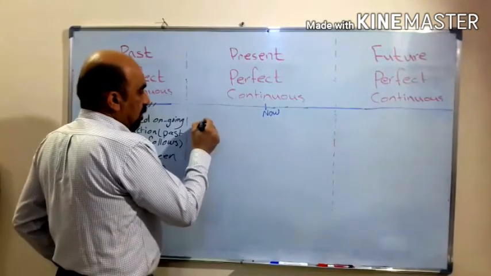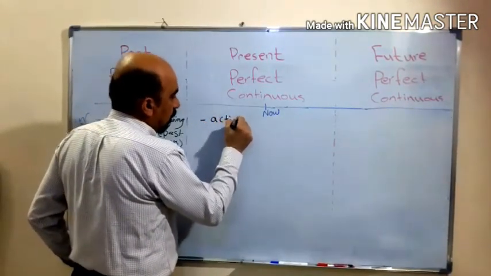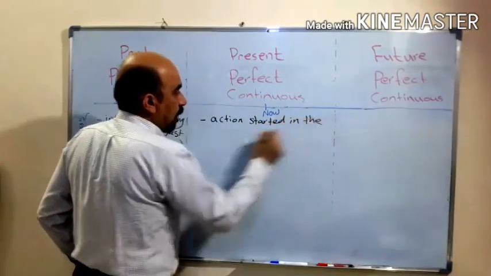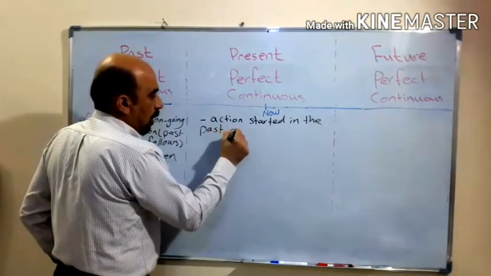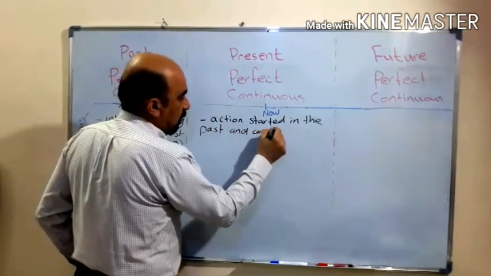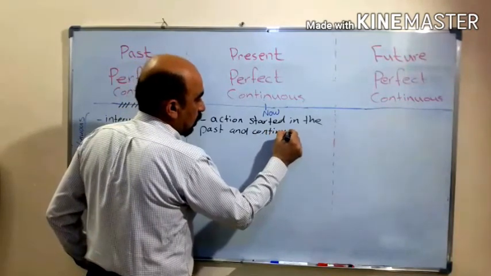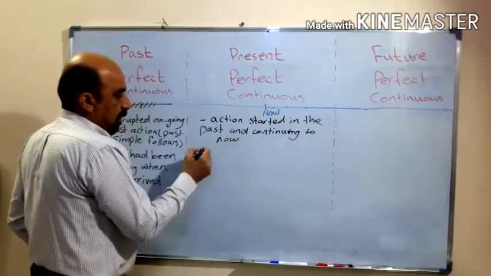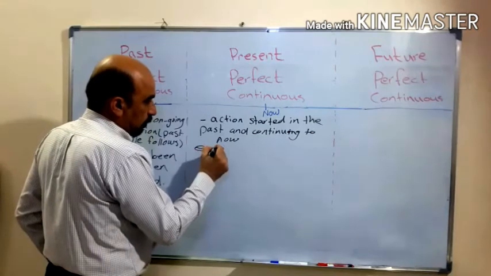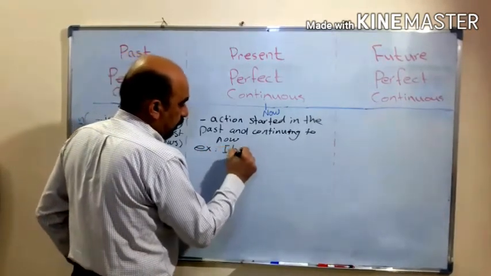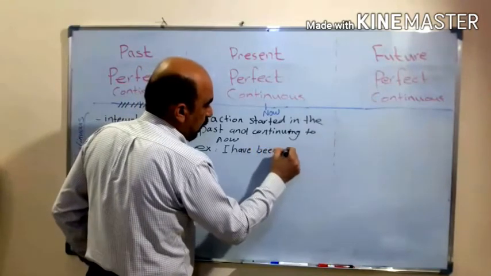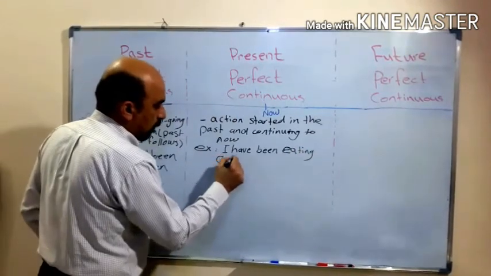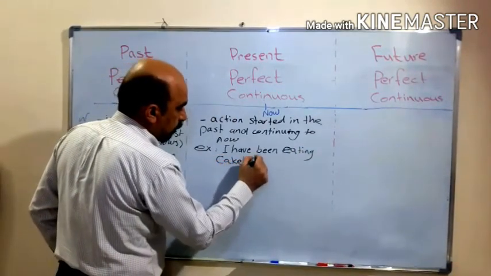What about the present perfect continuous? This tense describes an action started in the past and continuing to now. For example, I have been eating cake all day.